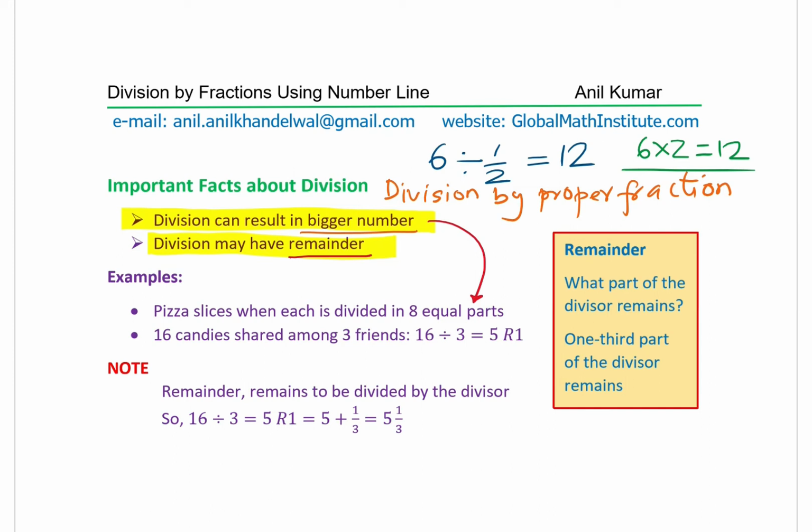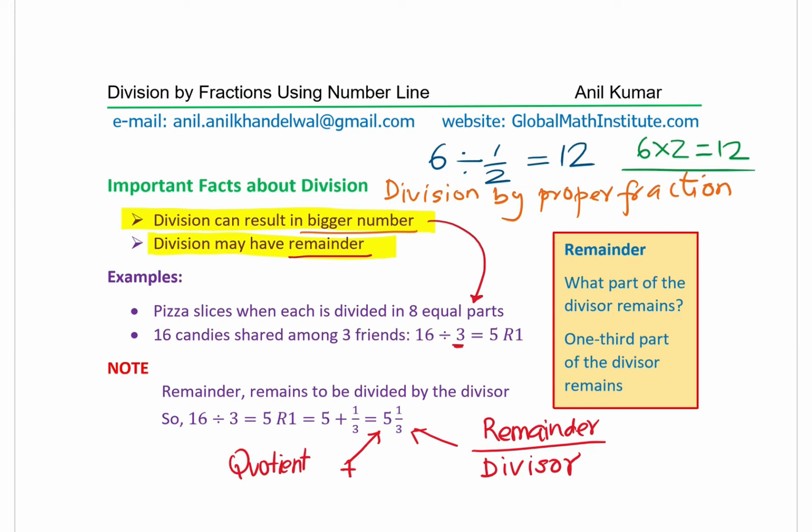So 5 is the quotient part, right? So this 5 is the quotient, and to this we add remainder, and 3 is a divisor. Perfect. This number 3 is the divisor.